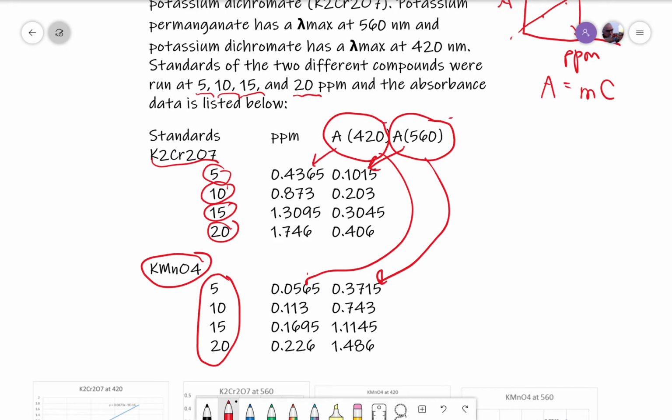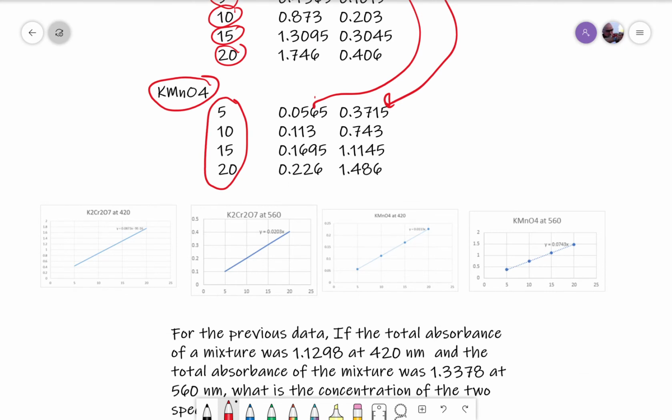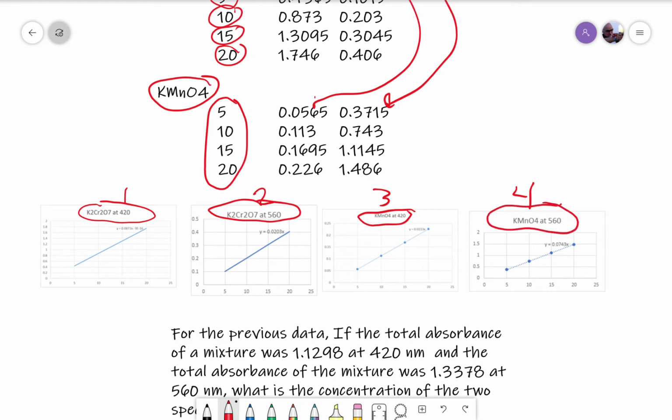Since we have two absorbers at two different wavelengths, we're going to have 1, 2, 3, 4 Beer's law plots. Two for the potassium dichromate, the absorbances at those two different wavelengths, and two for the potassium permanganate.